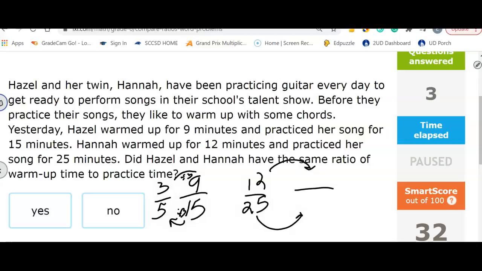Okay? What are some equivalent ratios that you got by having a common denominator? What did you do to both of them? What did we do to get a common denominator? Samantha? 15 by what? 15. This one we're going to multiply by 25. When we do that, what is the common denominator? What is 15 times 25?